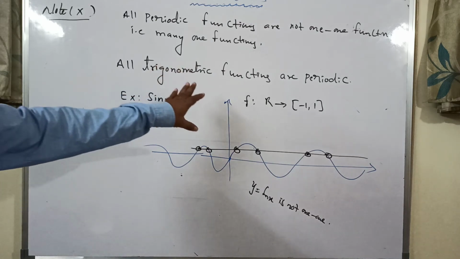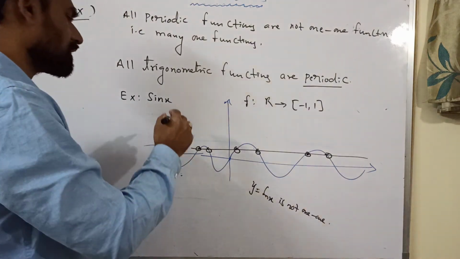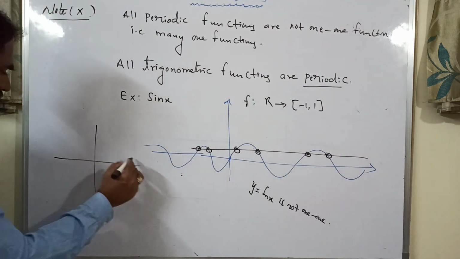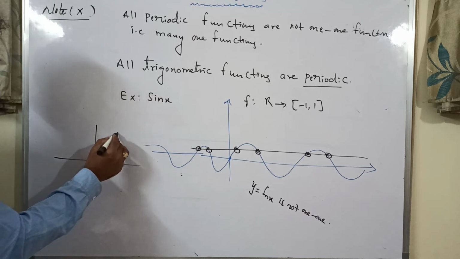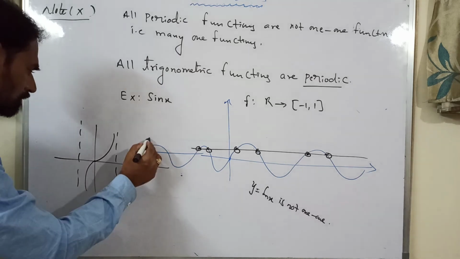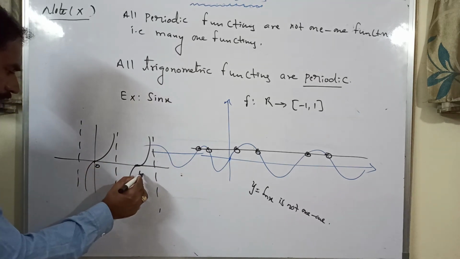All trigonometric functions are periodic functions. Periodic functions mean they are repeating at regular intervals. For example, if you draw the graph of tan x, in the regular interval it is repeated. The same graph is repeated, 0, this is pi.